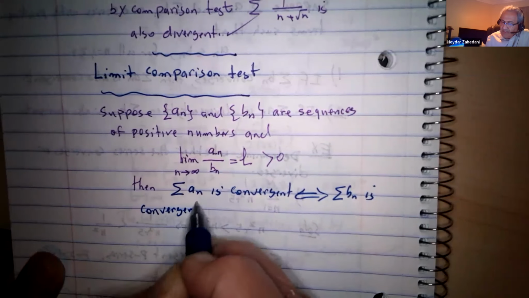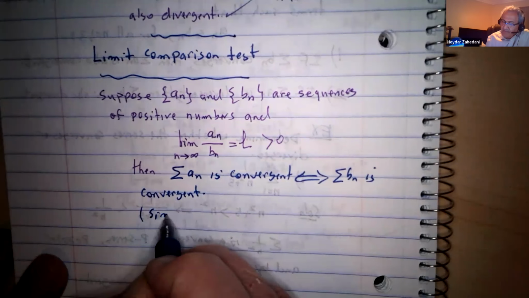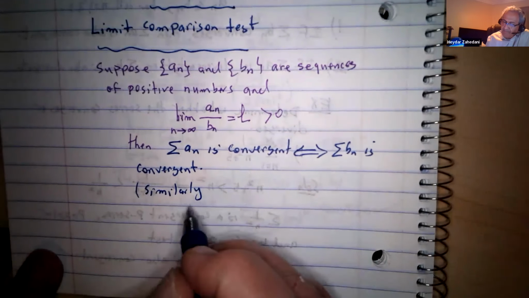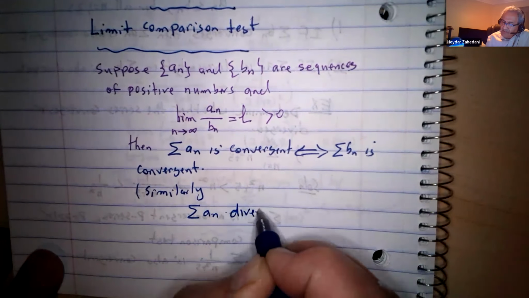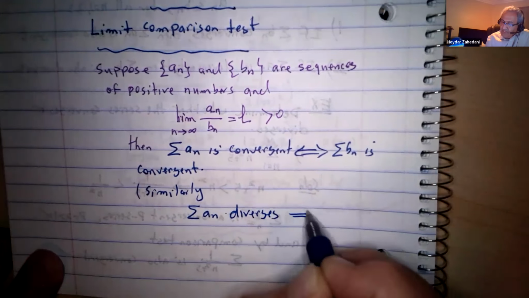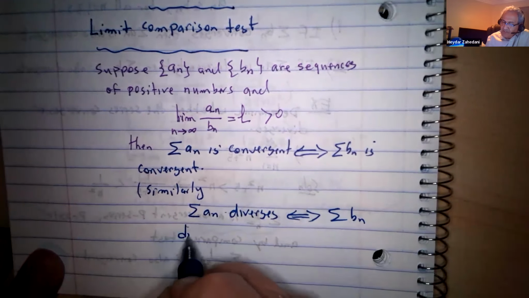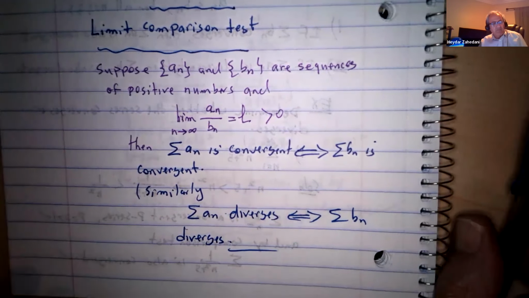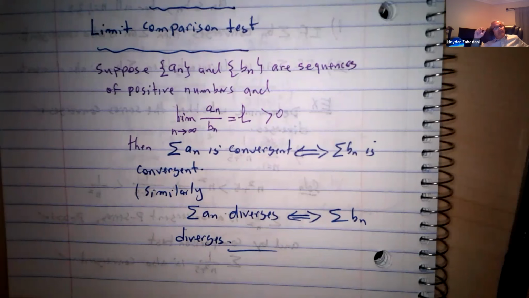Since it's if and only if, similarly, sigma of an diverges if and only if sigma of bn diverges. So this means both series are going to be convergent, or both of them are going to be divergent. Very nice there.